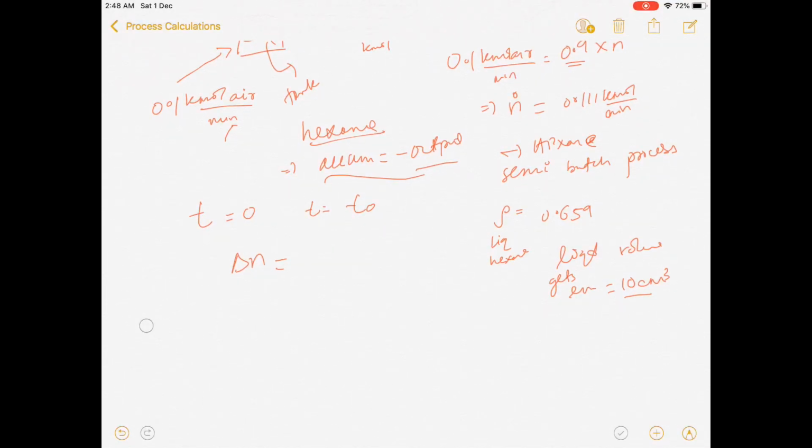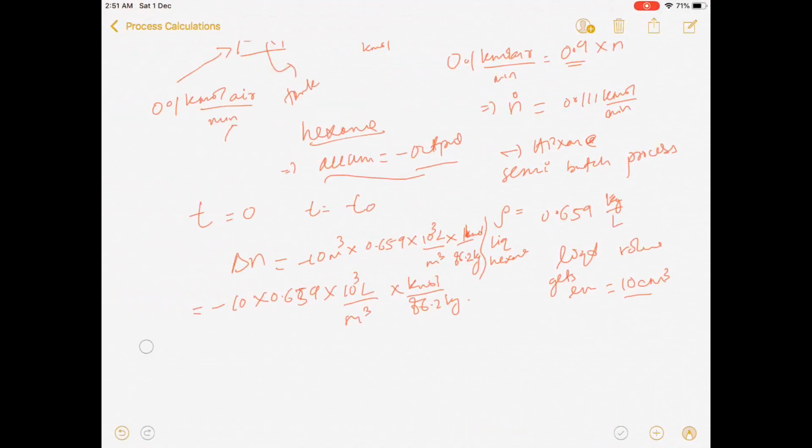So the change in moles would be in kg per liter, so we need to convert this 10 meter cube in terms of liters. This will be the conversion, and this is the molar mass of hexane, and solving we get delta n to be around minus 76.45 kilomole of hexane.